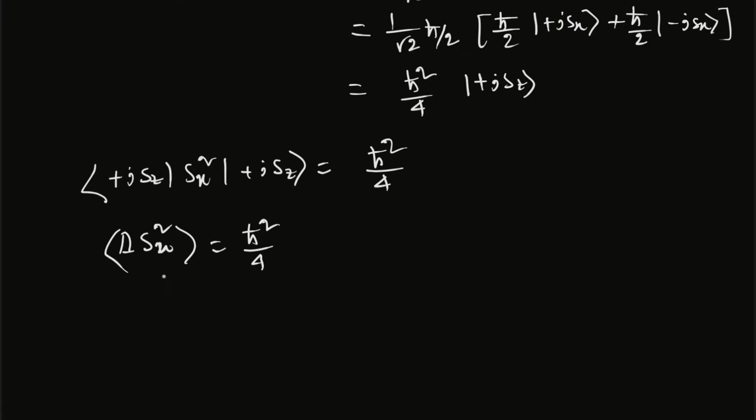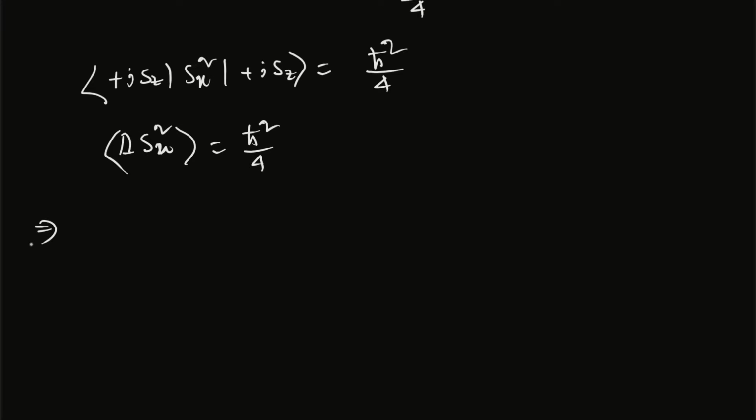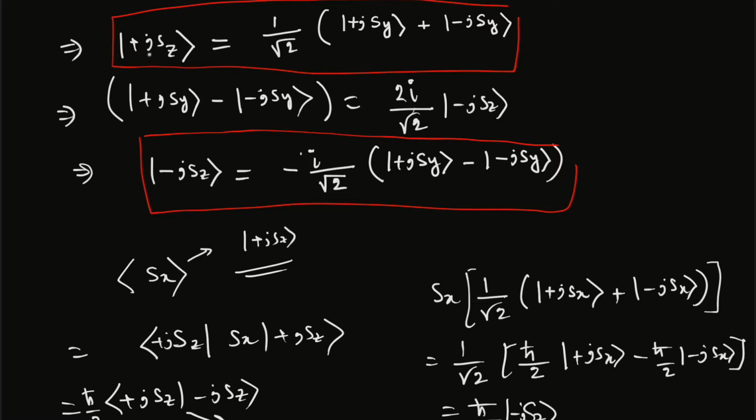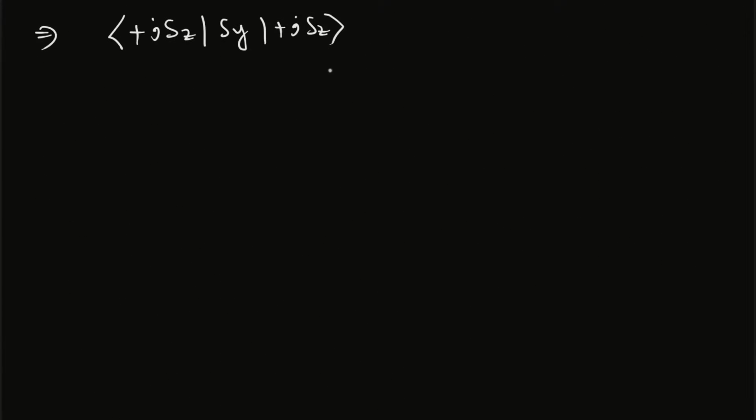Now let us calculate the dispersion of Sy. So plus Sz, Sy, plus Sz, and we previously saw that plus Sz can be written in terms of the eigenkets of Sy. So let us express it in this term.